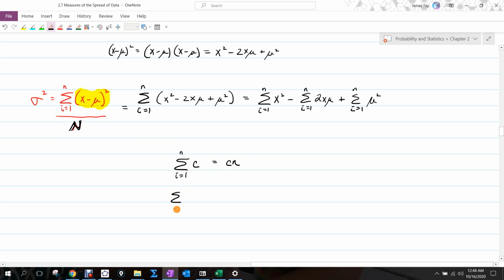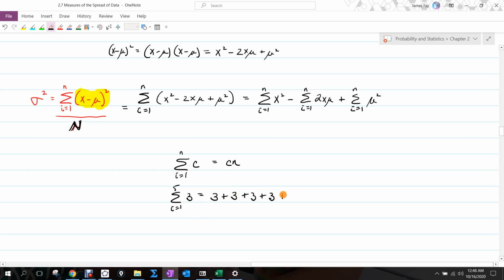Let's say I have the sum from i equals 1 to 5. So I have 5 things in my list. And let's say my constant is 3. Well, then my first term would be 3, because this is the rule that allows me to generate my terms. The summation means add to it the second term, which would be 3. And then the third term would be 3.